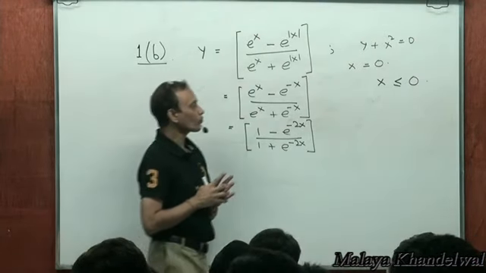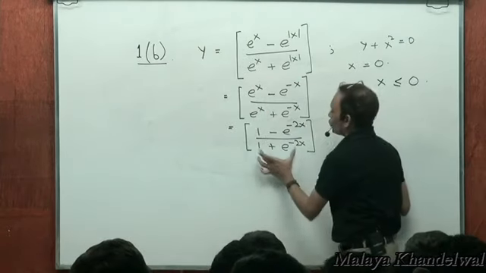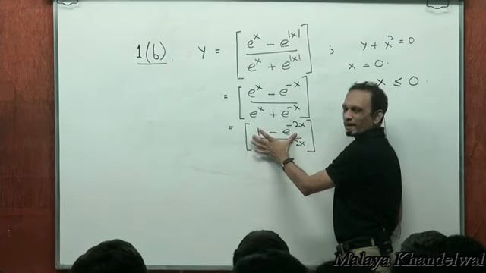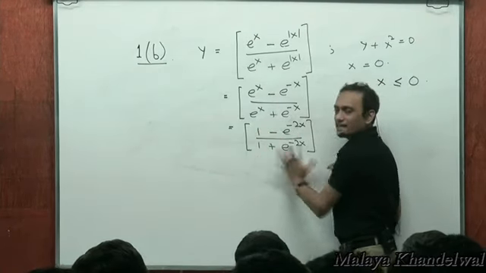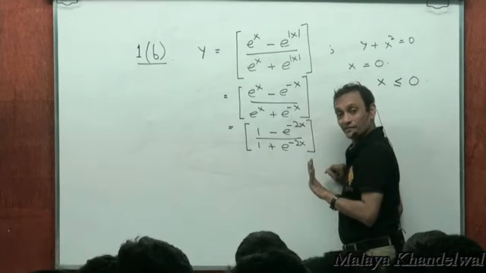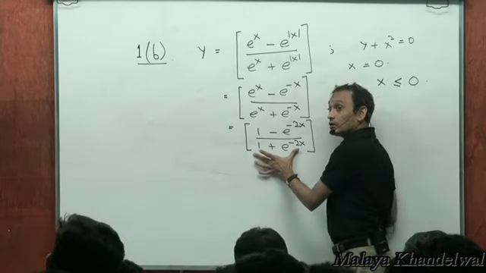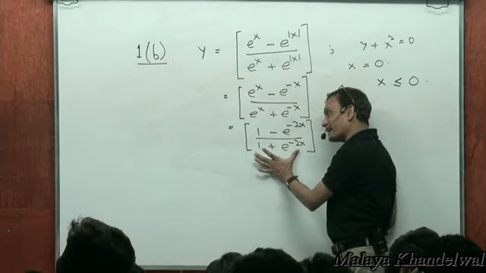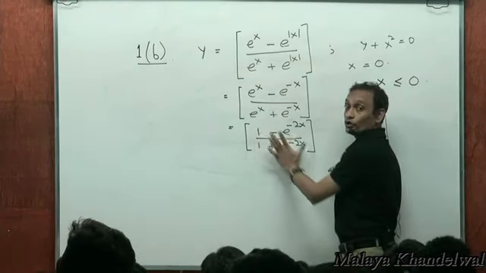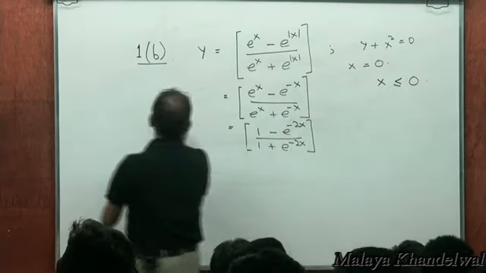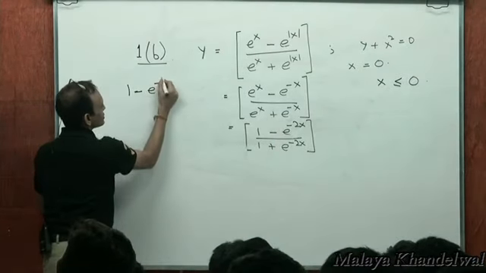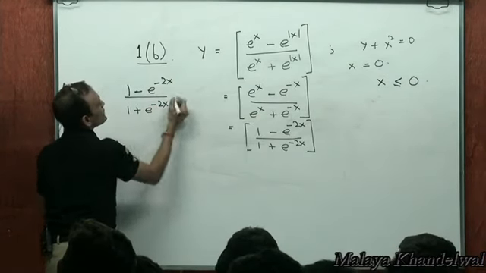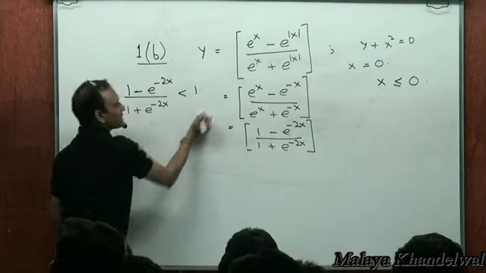Now, one thing, the magnitude of the denominator is bigger than the magnitude of the numerator. So for this expression, (1 minus e power minus 2x) divided by (1 plus e power minus 2x), the numerical value will always be less than 1.